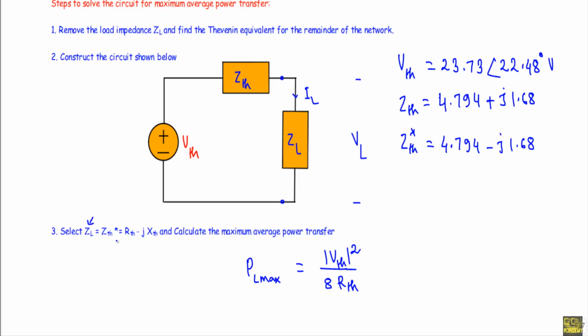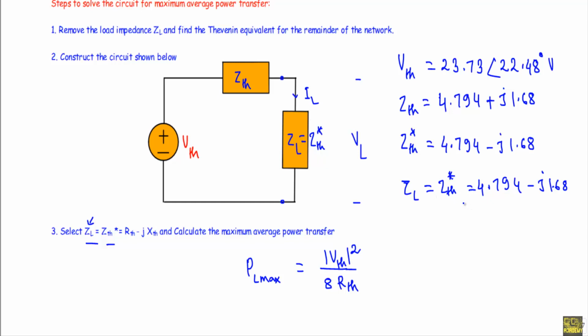if the value of ZL is exactly equal to the complex conjugate of the Thevenin impedance of the network. So if the value of load impedance ZL is exactly equal to ZTH prime, or 4.794 minus J 1.68 ohm, our load impedance will receive maximum average power from the network.